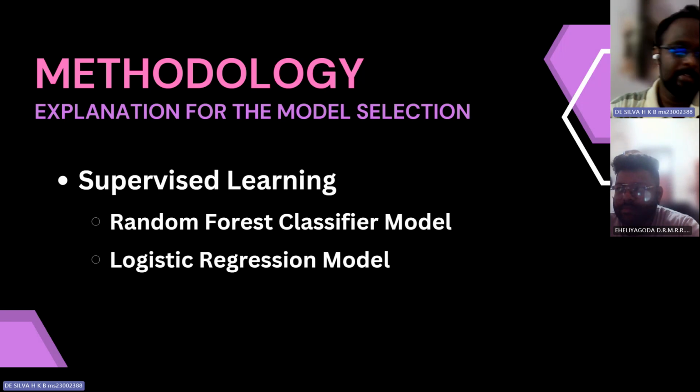The reason we selected the random forest classifier model is that it provides a great balance of predictive power, robustness, feature importance analysis, and dealing with skewed data, which makes it a very interesting option for the heart failure prediction model.